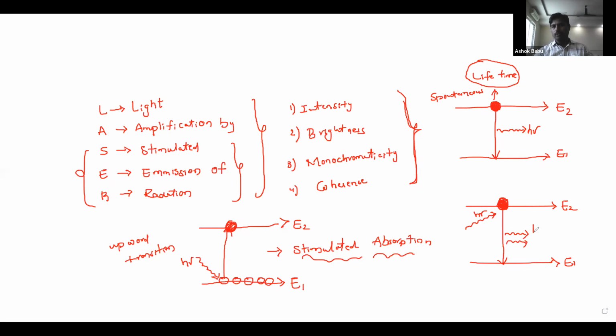In both cases photon energy is emitted by the atom, but in spontaneous emission one photon is emitted after completion of the lifetime. We are not stimulating the atom in the higher energy state with any photon, so only one photon is emitted in spontaneous emission.